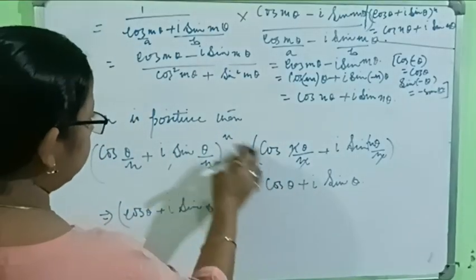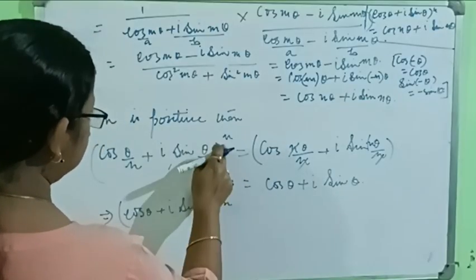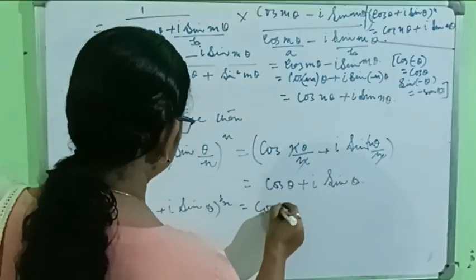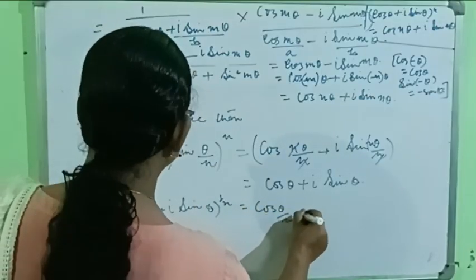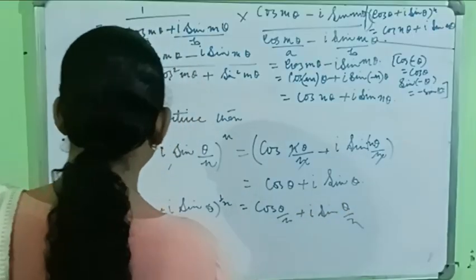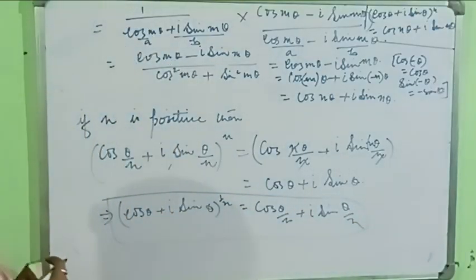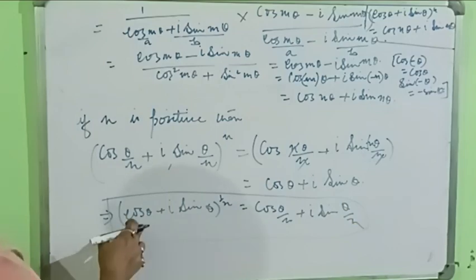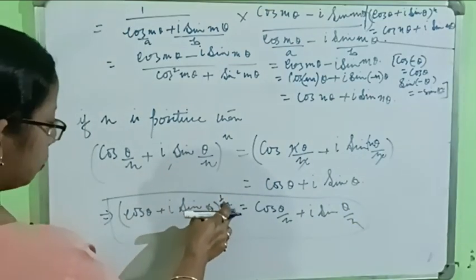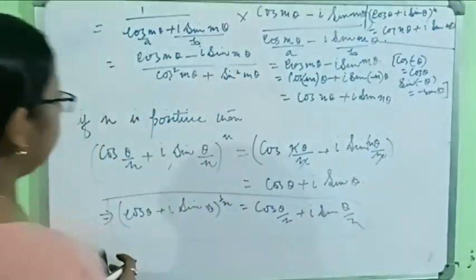If I take the 1 by nth root of this, I will get this. I will use this result when I prove the third case, that is, (cos theta + i sin theta)^(1/n) is cos theta by n plus i sin theta by n.